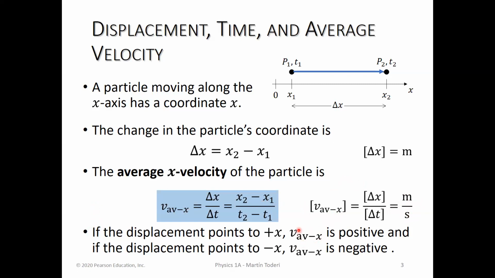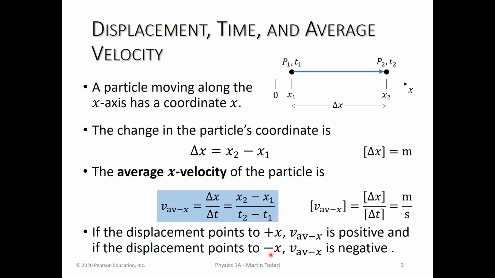So from this we can say that if the displacement points to the positive end of your coordinate axis x, then the velocity is going to be positive, and if the displacement points to the other side, the velocity is going to be negative, because the velocity is telling us the actual direction of the particle in our system.